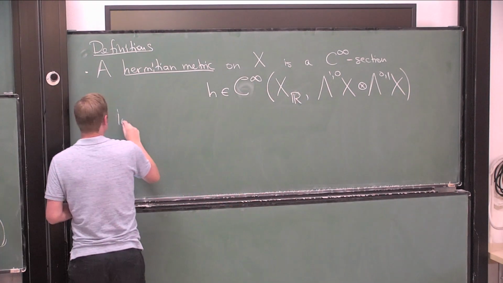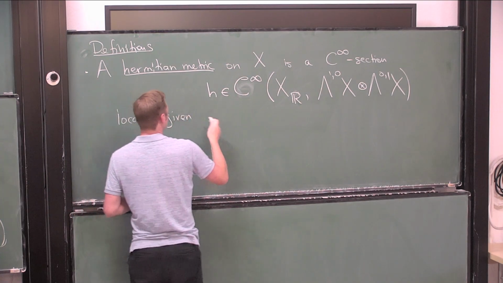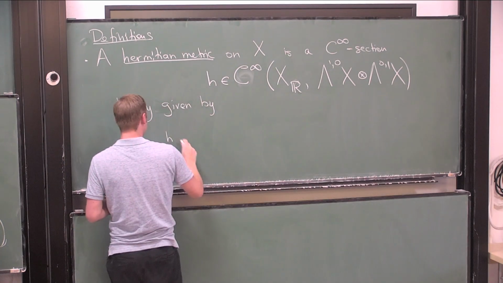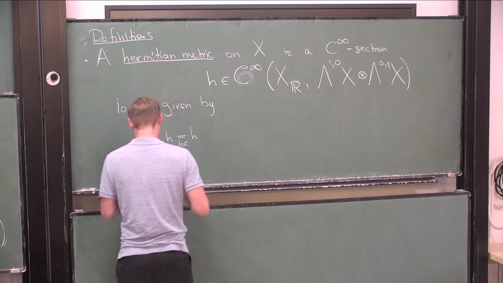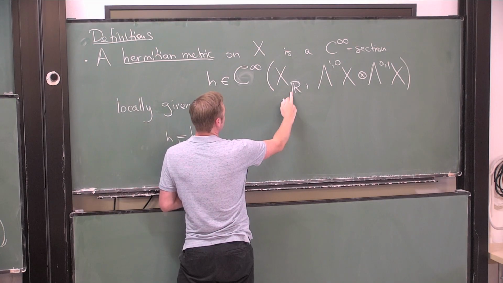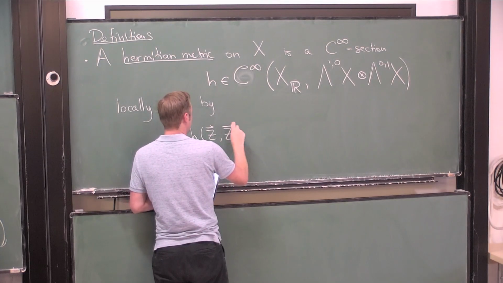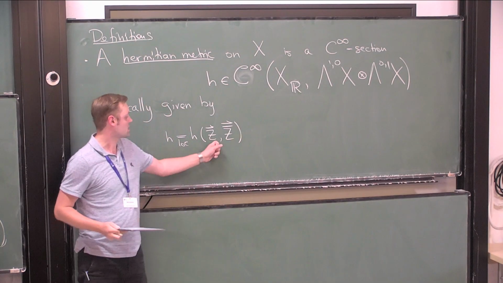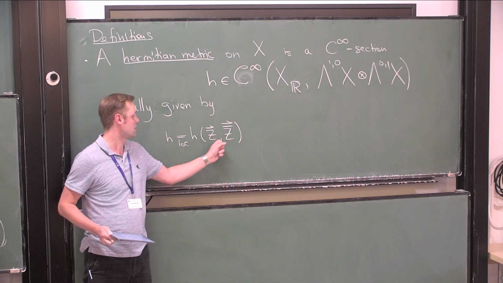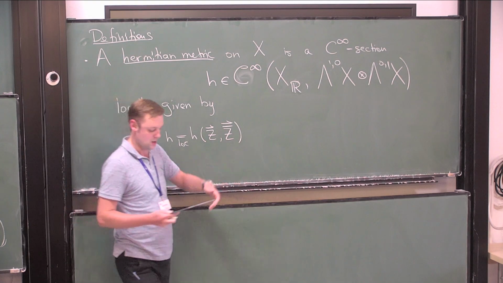So locally, this kind of thing is given as a 2 tensor in coordinates, as you would expect of a metric. I'll write it in local coordinates on the real manifold underlying my complex manifold. I have the complex coordinates and their complex conjugates, and this gives me 2n real coordinates.